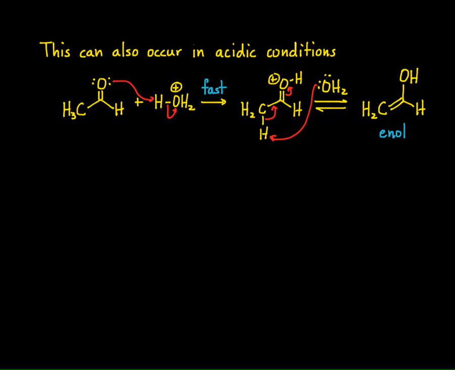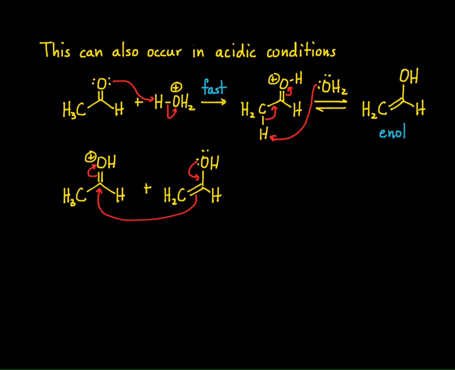Okay, now, and again, equilibrium isn't quite favored here, but what we have to think about is what's in that solution. In acidic conditions, what do we have in solution? Well, we have our acetaldehyde, but it's going to be protonated, and we have our enol. And the enol is a good enough nucleophile now to attack a protonated acetaldehyde. And that's exactly what happens.